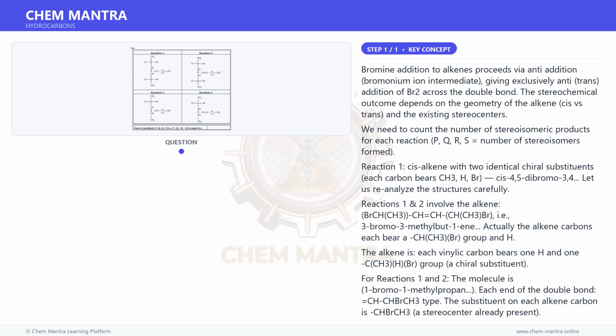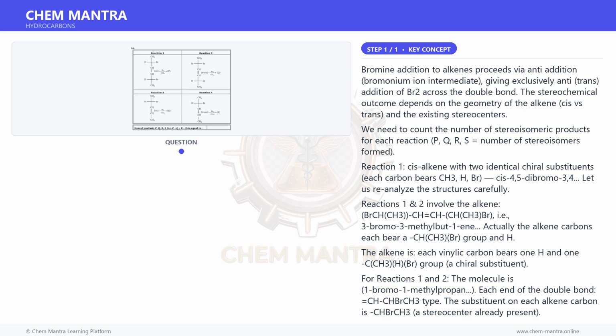Reaction 1, cis alkene with two identical chiral substituents, each carbon bears CH3, H, Br. Let us reanalyze the structures carefully. Reactions 1 and 2 involve the alkene BrCH(CH3)-CH=CH-CH(CH3)Br.